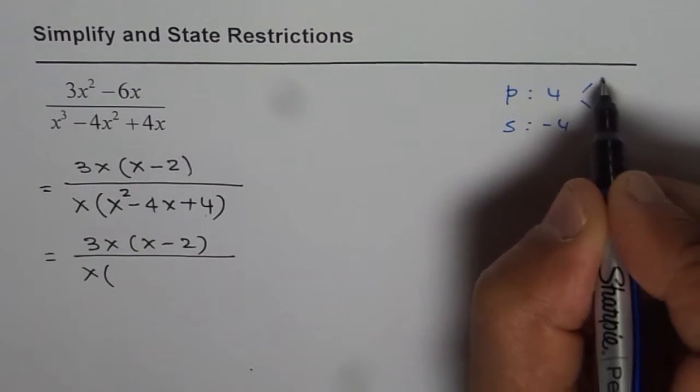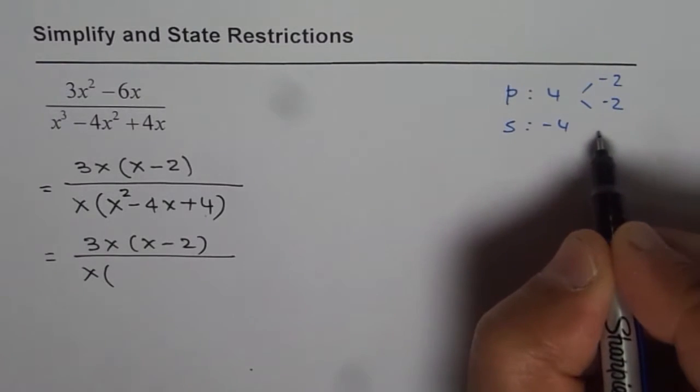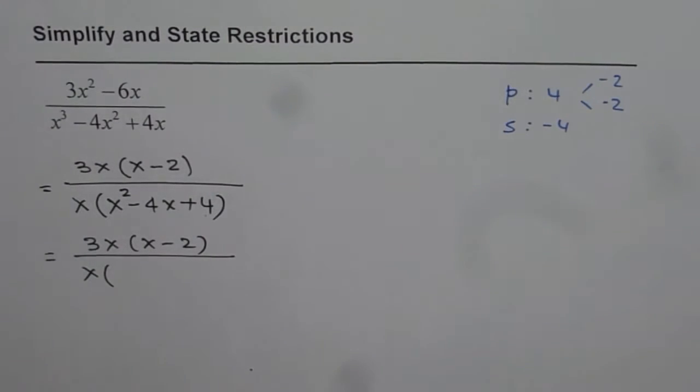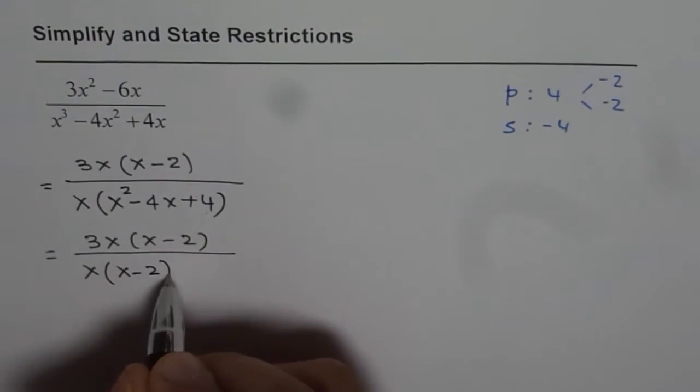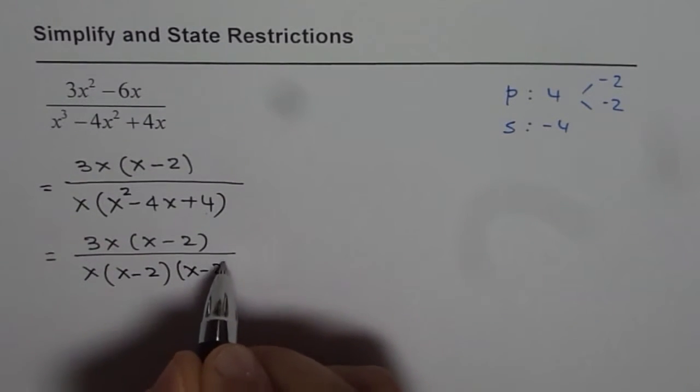Let me summarize this: the two numbers could be minus 2 and minus 2. When you add them, you get minus 4, correct? So that gives us two factors. The factors are (x minus 2) times (x minus 2).